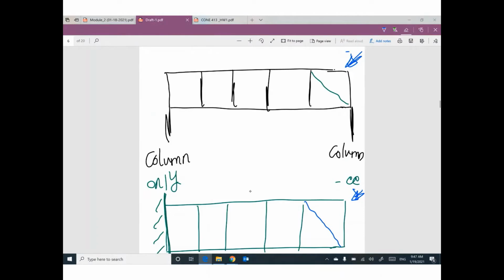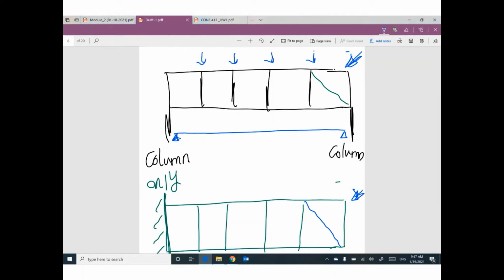Guys, the first truss is supported by this support and this support. Do you agree? So this truss looks like a beam and you have load on this truss. Can you imagine what is the deformation of this truss?